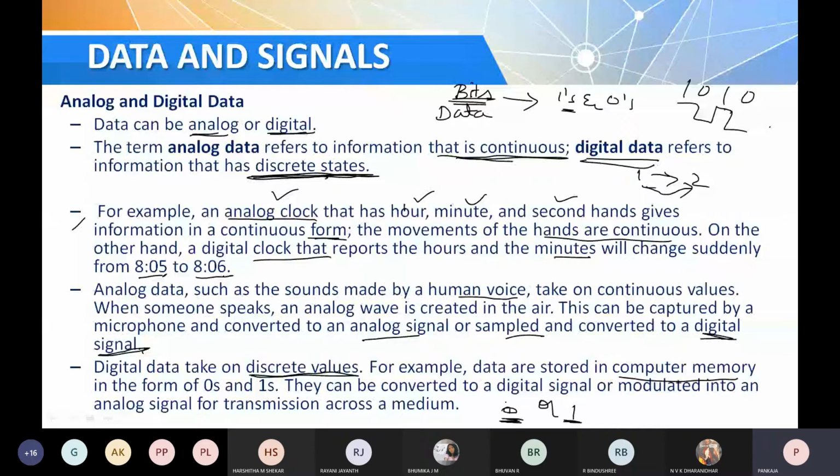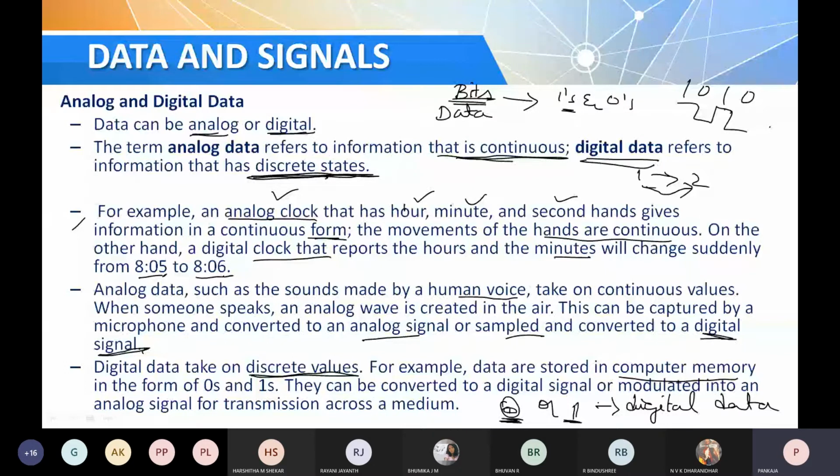Ultimately, when you want to transfer the data to another system or to the receiver, it requires a change to a digital signal. The data should be able to convert into a digital signal, or be modulated into an analog signal for transmission across the media.